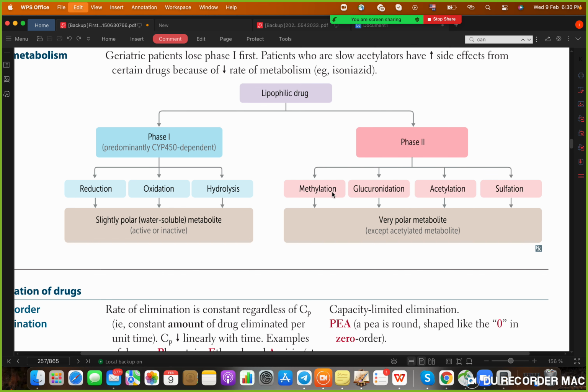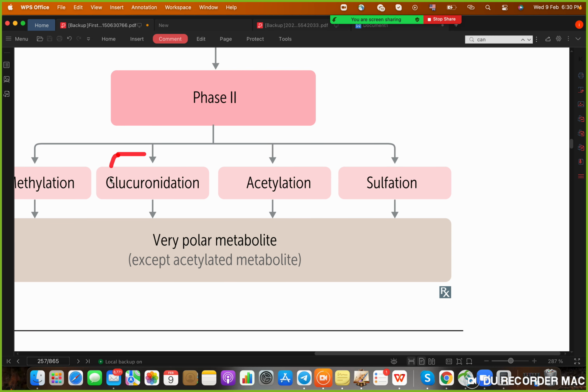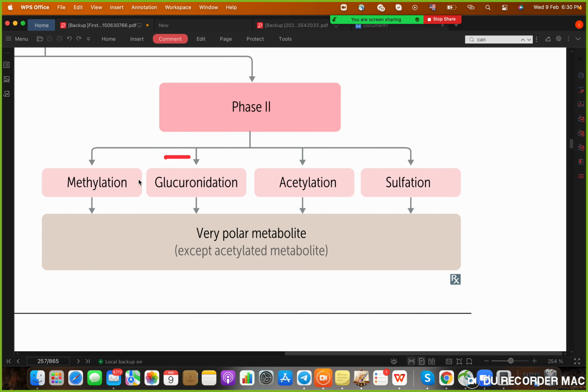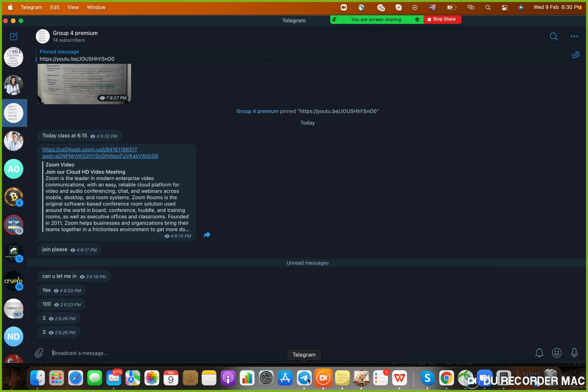Sulfation and methylation are not really useful to know, but the glucuronidation reaction, which is mediated by UDP glucuronosyltransferase, is important because it helps us to metabolize which substance, please? Which substance?